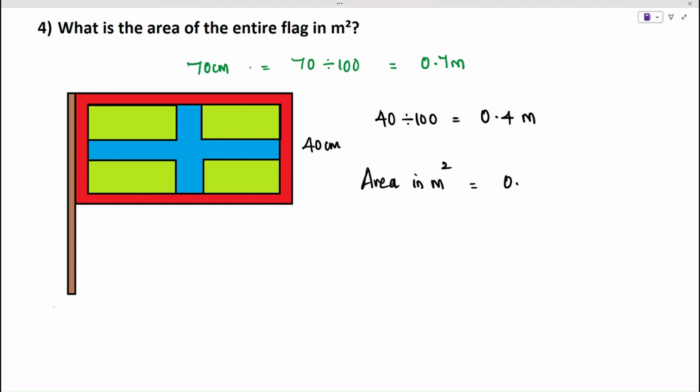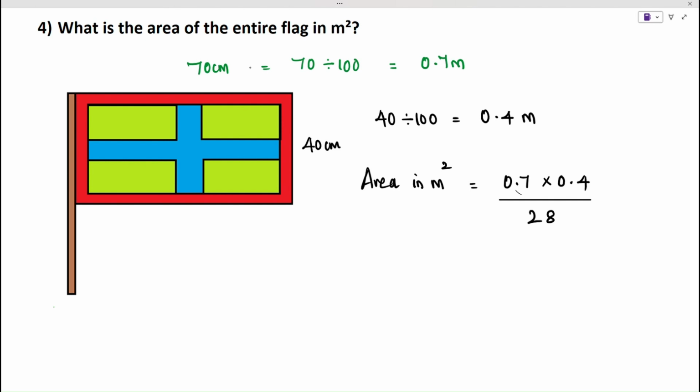So we have 0.7 times 0.4, and we're going to do 4 times 7, which is 28. Now we can do 4 times 0 and then 0 and 0, but that doesn't really help us beyond this point. So we count the number of digits that are on the right of the decimal points.